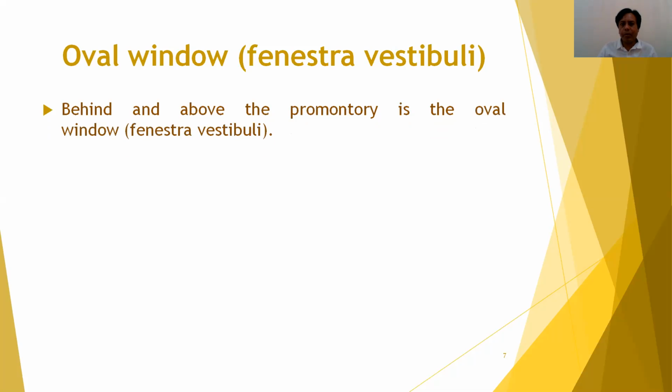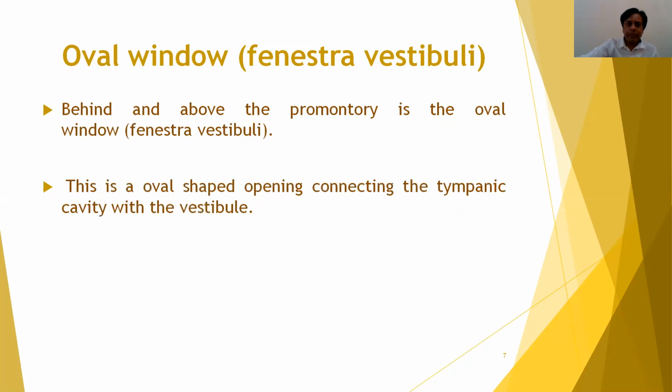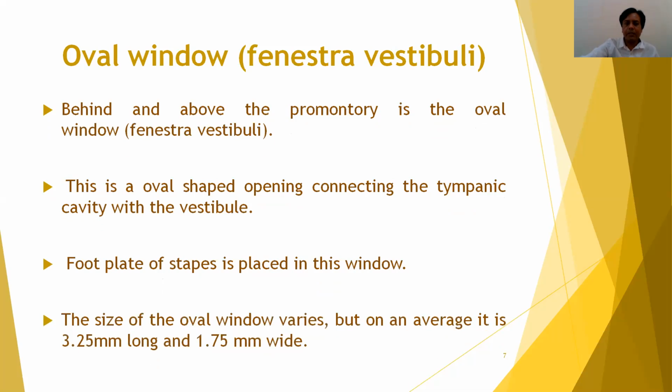Behind and above the promontory is the oval window. This is oval shaped opening connecting the tympanic cavity with the vestibule. Foot plate of stapes is placed in this window, that is in the oval window or fenestra vestibuli. The size of oval window varies, but on an average it is 3.25 millimeter long and 1.75 millimeter wide.